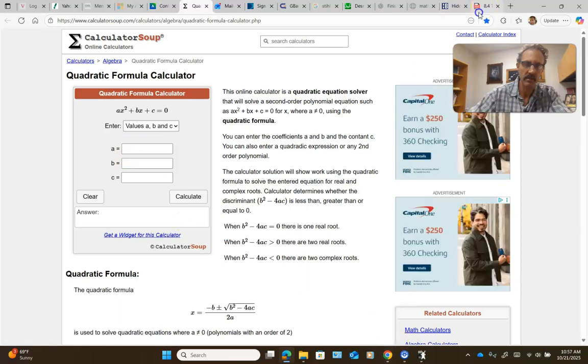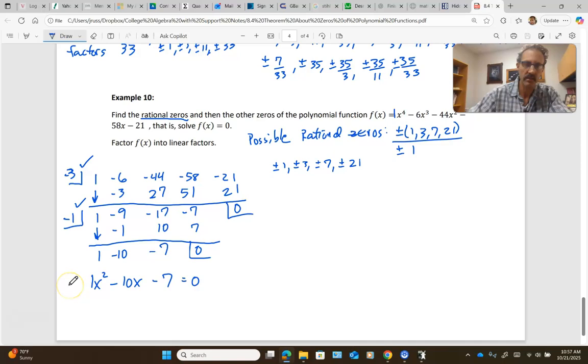and I'm going to input these coefficients. So remember, A, B, and C. So A is 1, B is negative 10, C is negative 7.